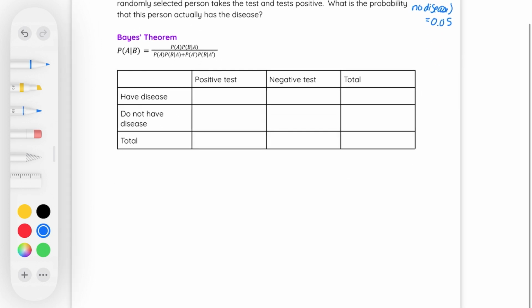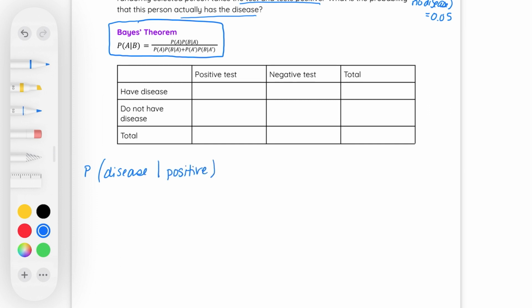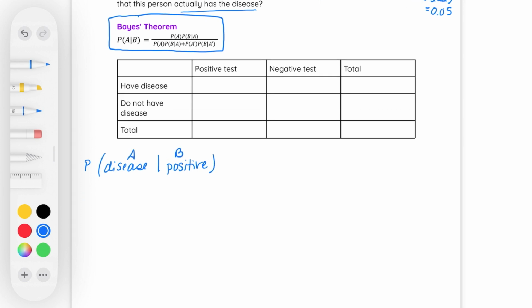So let's talk about Bayes' theorem, which is here. We are looking for a randomly selected person who takes the test and tests positive. What is the probability they actually have the disease? So we're looking for the probability that they actually have the disease given that they tested positive. Now, the disease is going to be our A, and testing positive is going to be B, which will help us utilize the formula above.